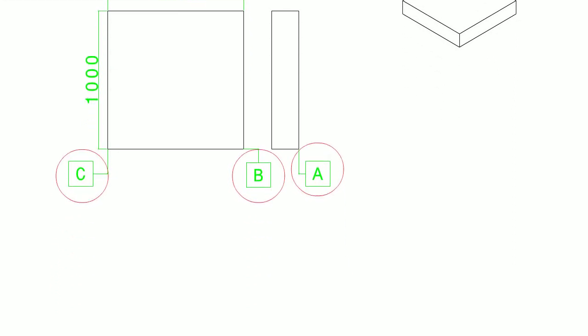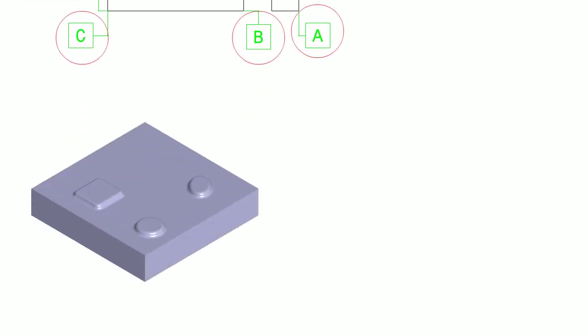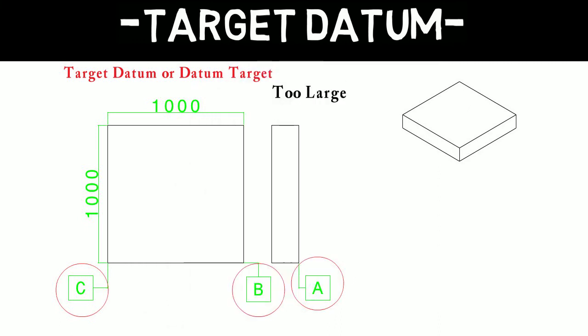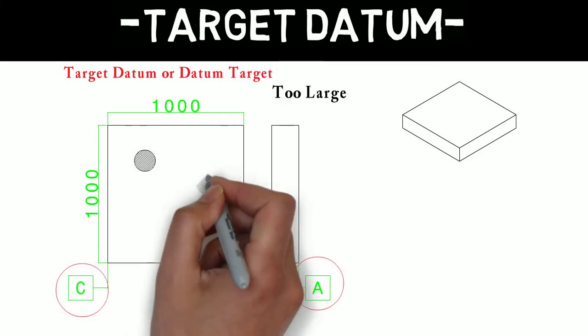Also, if its surface is rough and has bumps like this, there are chances that because of these bumps, the whole part can wobble while checking as well as manufacturing. So we give some targeted area, point or axis from the whole datum that we can call a target datum or a datum target. Here we will give 3 datums like this.